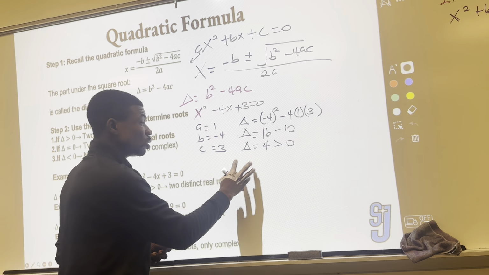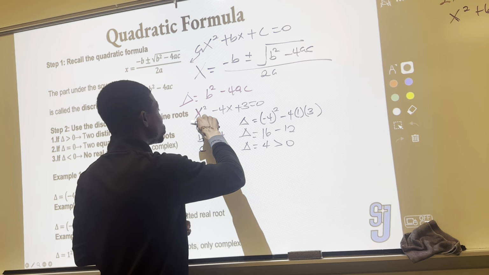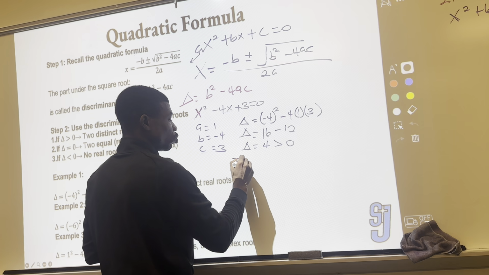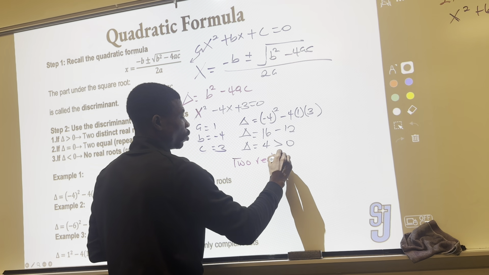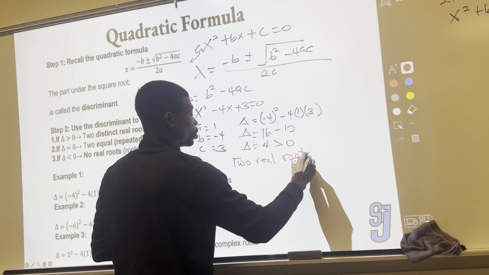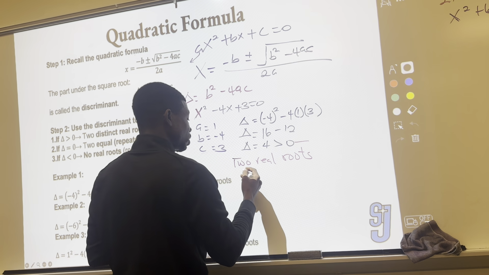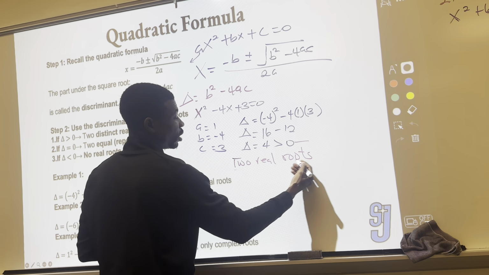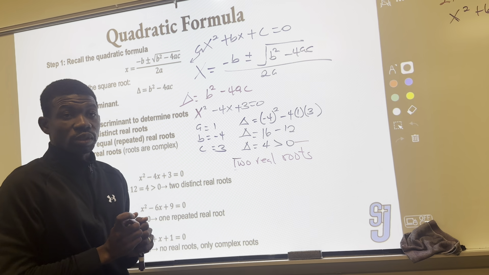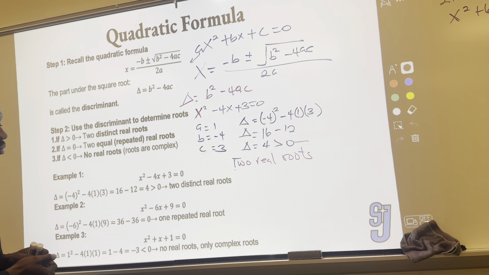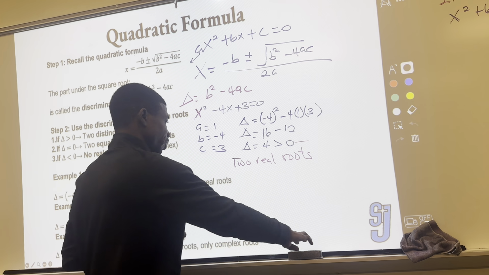And if I'm supposed to describe the nature of the roots, it has two real roots. So this is the solution for my discriminant, and the description is that it has two real roots. Sounds good? Right.